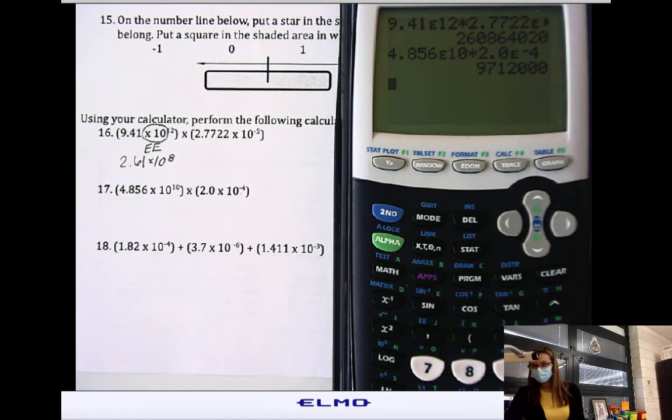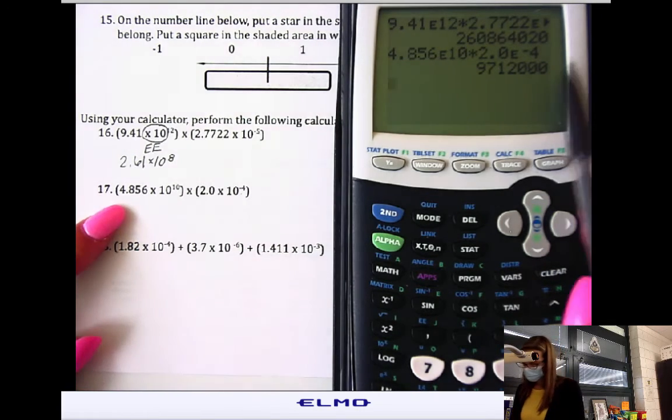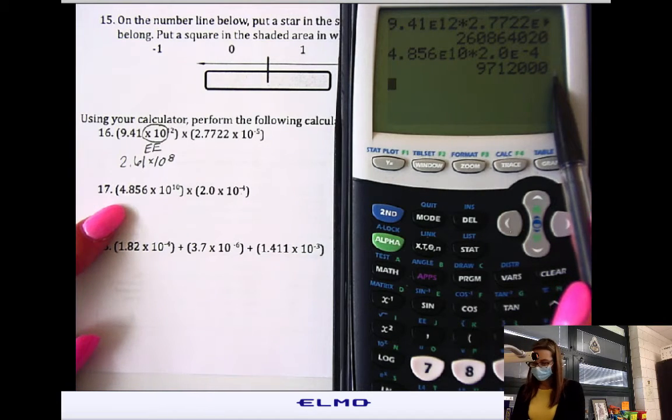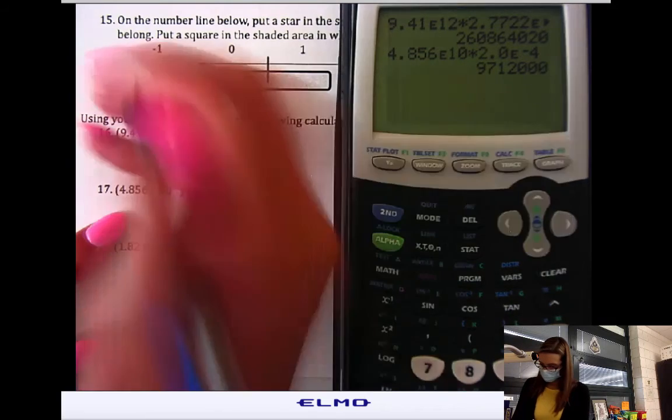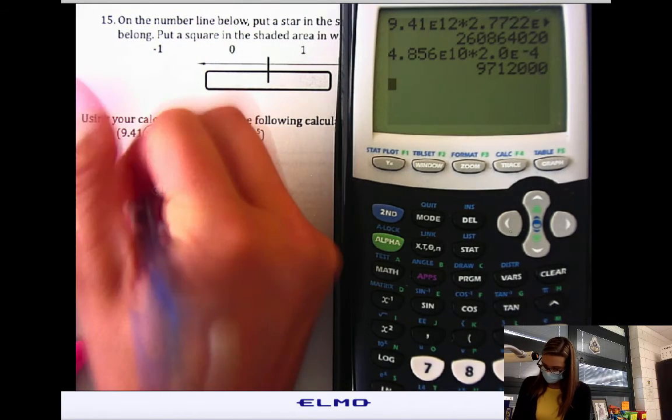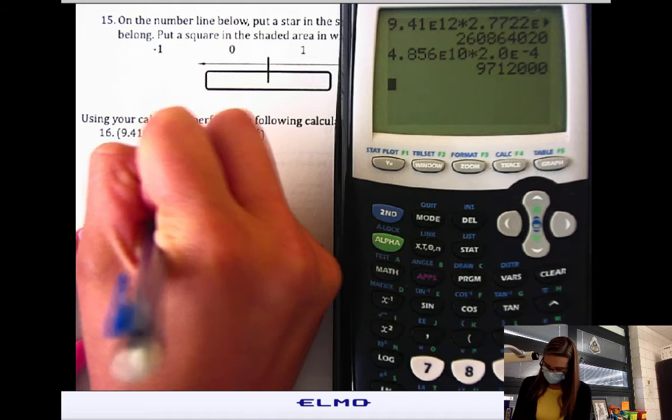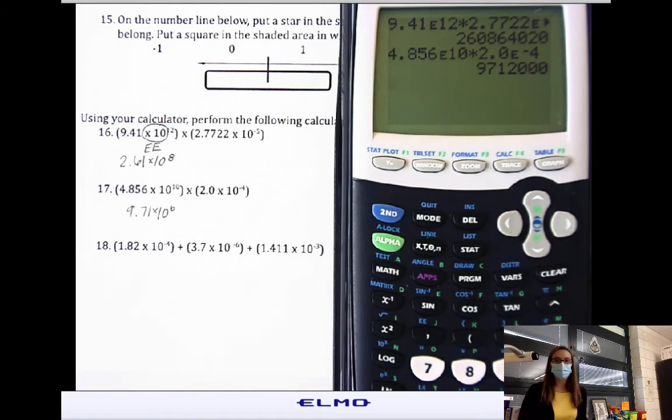We hit enter. Again, we have a big number here, so put this in scientific notation. The decimal's at the end because it's a big number. 1, 2, 3, 4, 5, 6. 9.71 times 10 to the 6th.